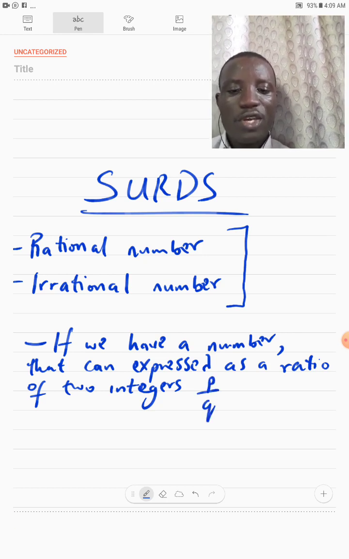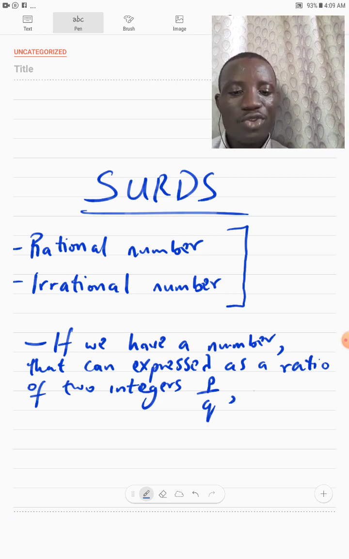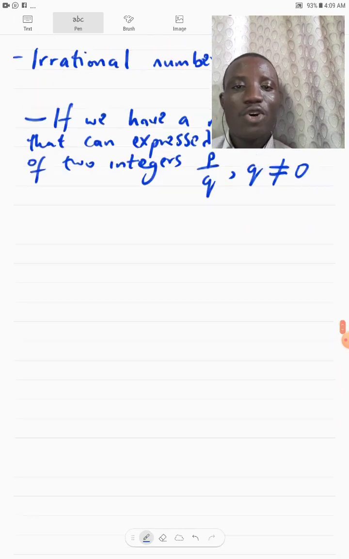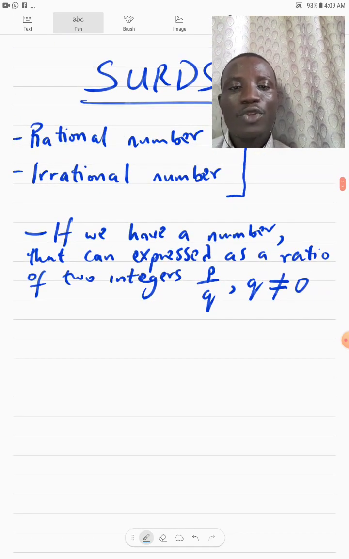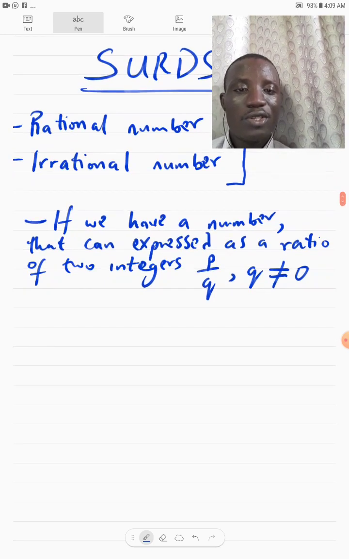If we have a number that can be expressed as a ratio of two integers, we should note that q is not equal to 0. Of course, q shouldn't be equal to 0 here. If not, we are going to have an undefined fraction. Okay, so such that q is not equal to 0.